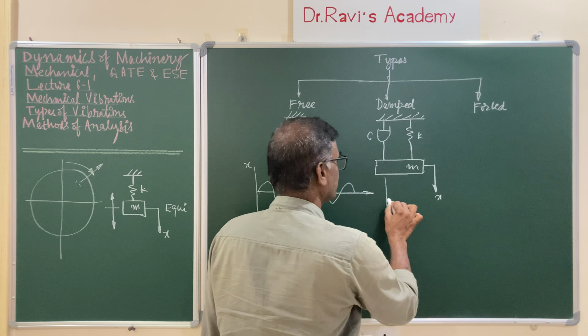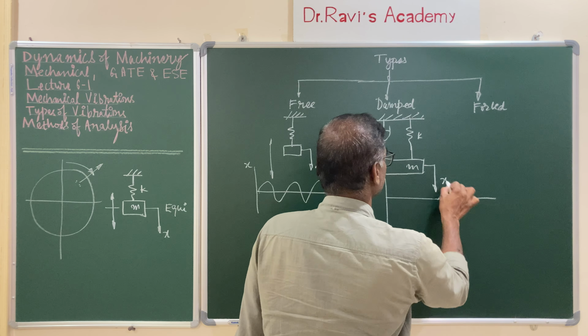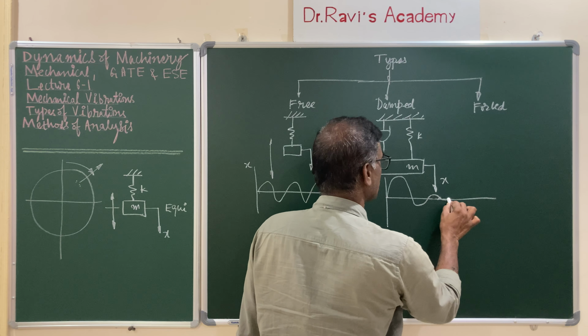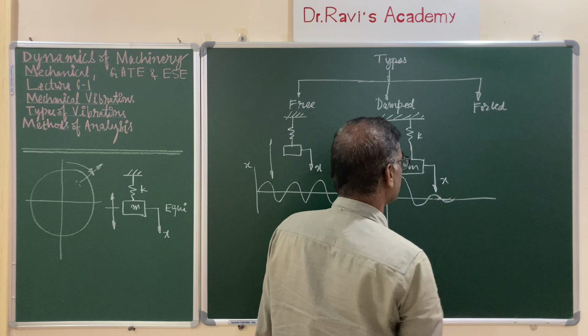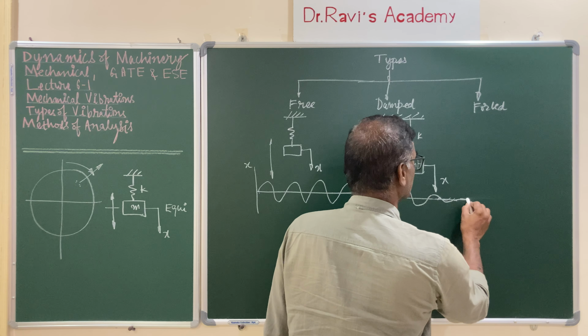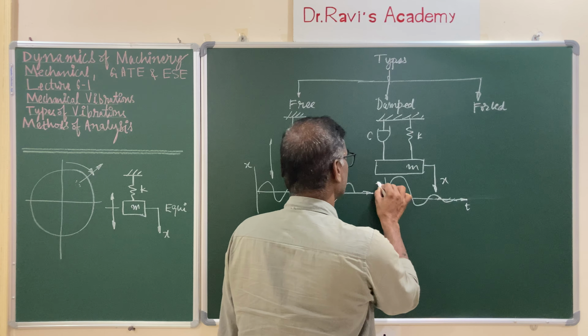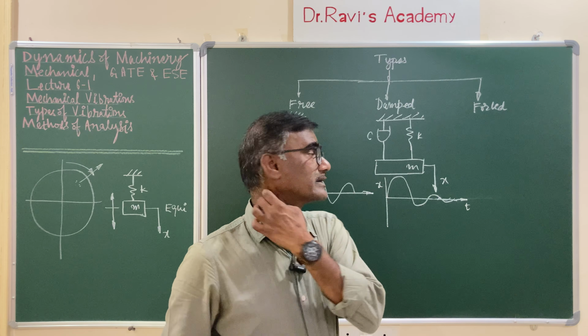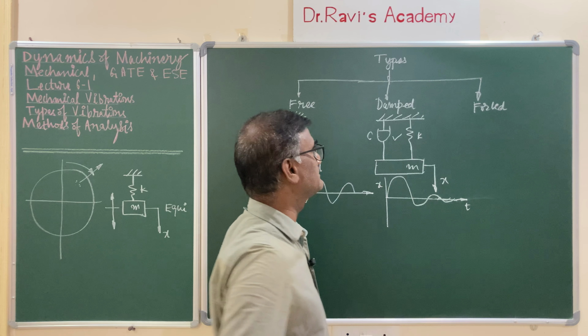If you look at the graph, your initial amplitude is large, and from cycle to cycle it decreases, and within a short period of time the vibrations will die out because of this damper.